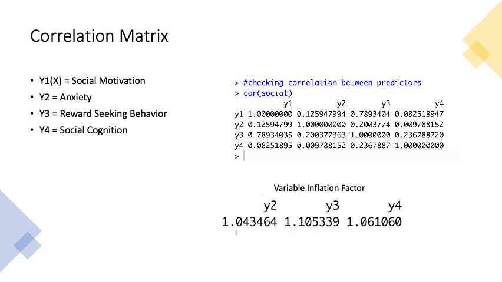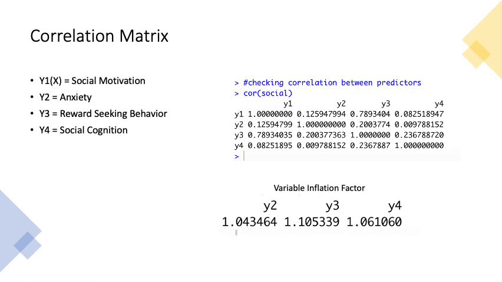Here we have a correlation matrix of all the independent variables we are concerned about in tabular form, and you can see that, of note, y1 and y3 have a strong interaction effect. To make sure that multicollinearity is not inflating our results, we run a variance inflation factor analysis.